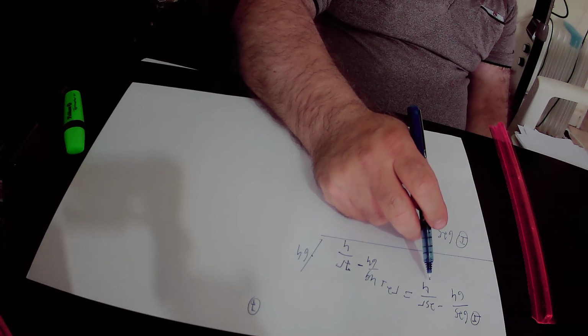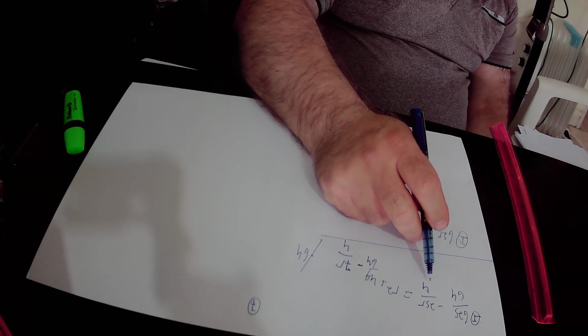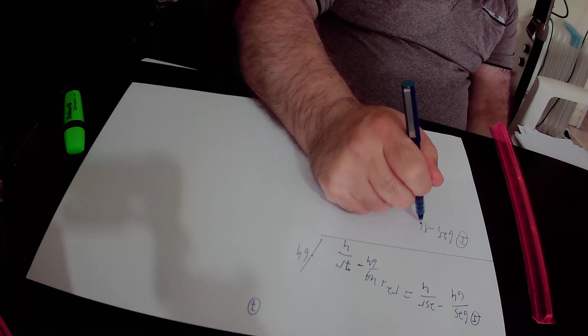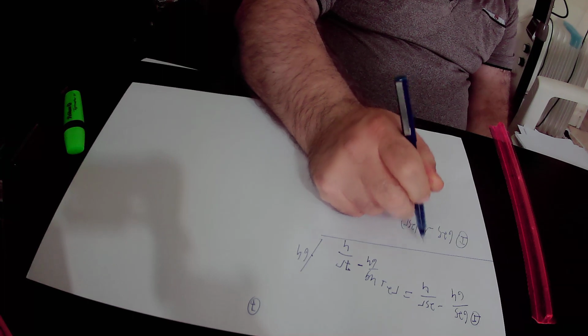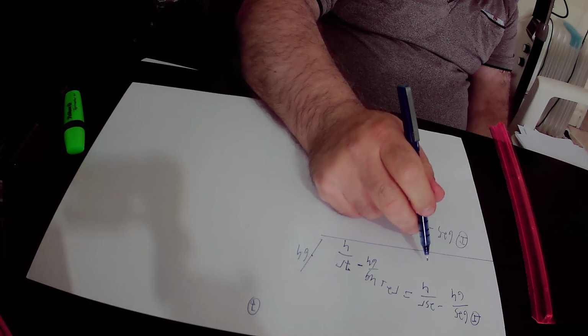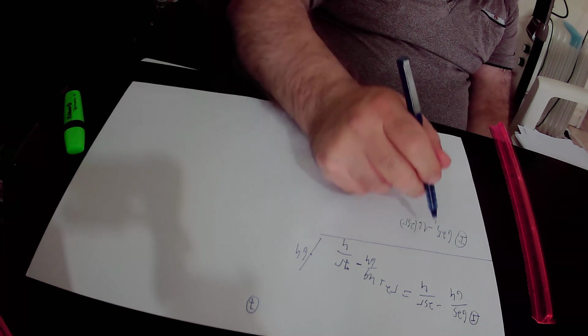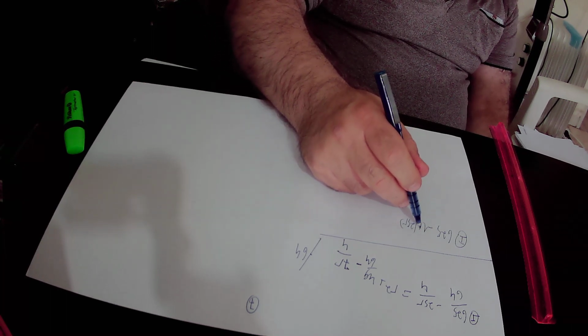If you multiply it by 64, we'll get that 64 over 4 is 16, so minus 16 times 25r.